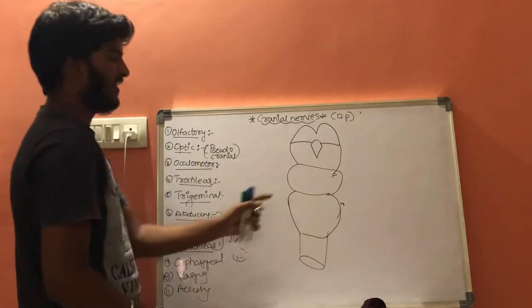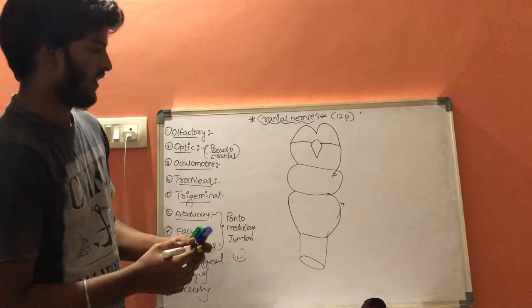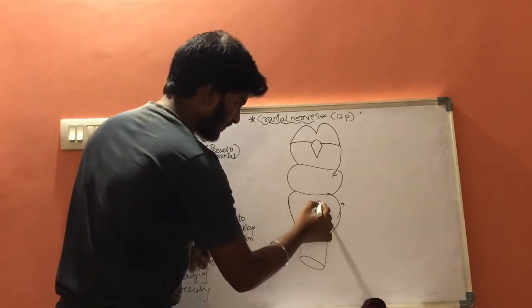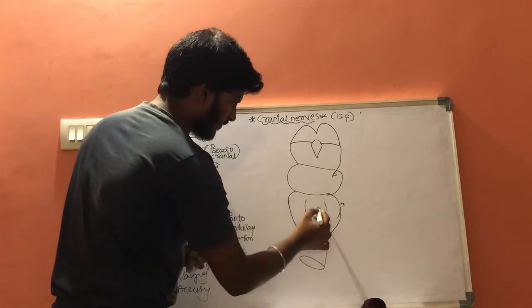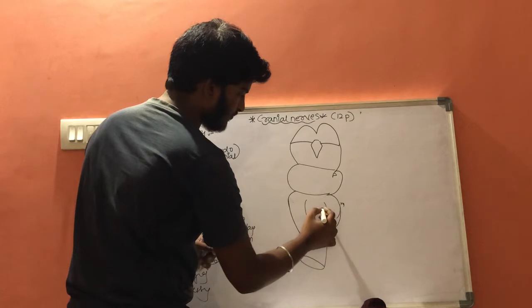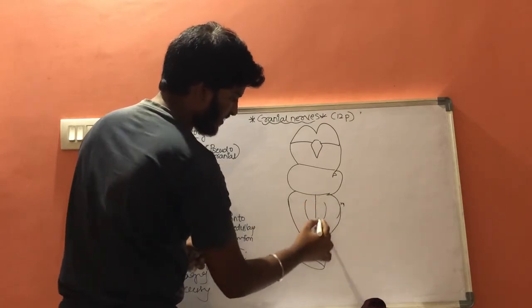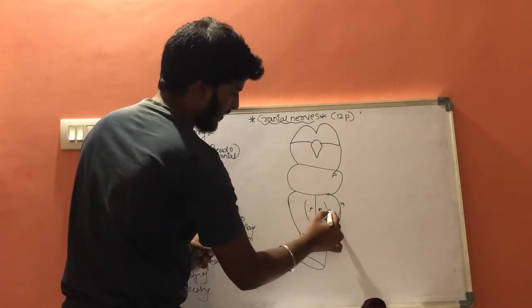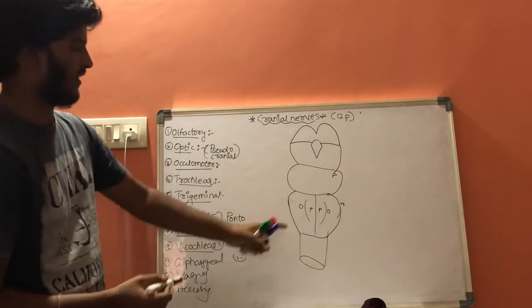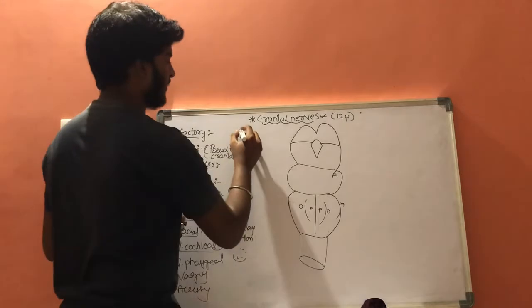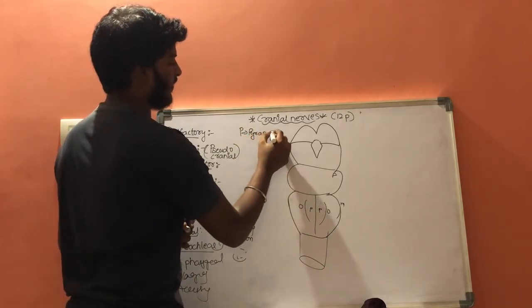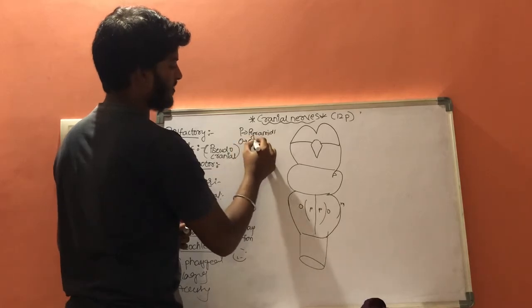Now the medulla is divided into branches. This is the middle branch, that is P, O. Now P stands for pyramids and O stands for olives.